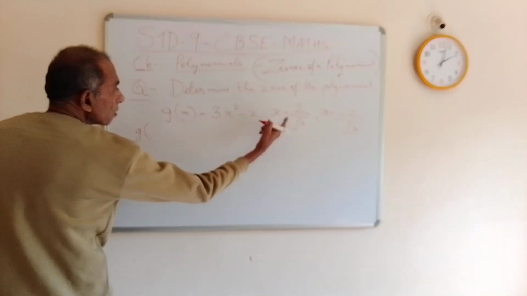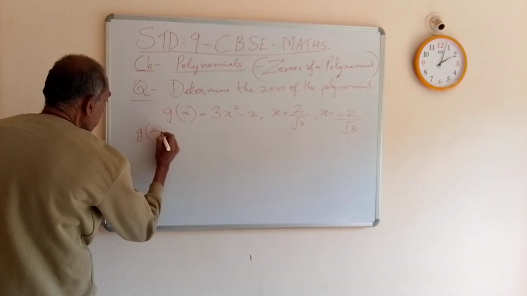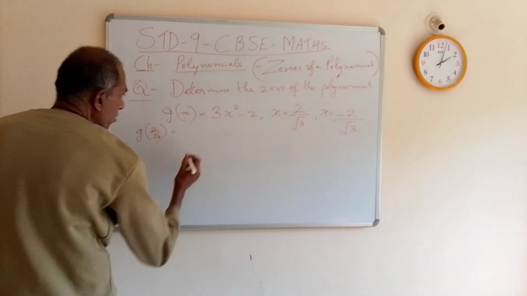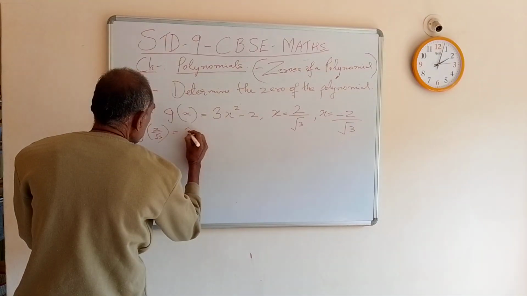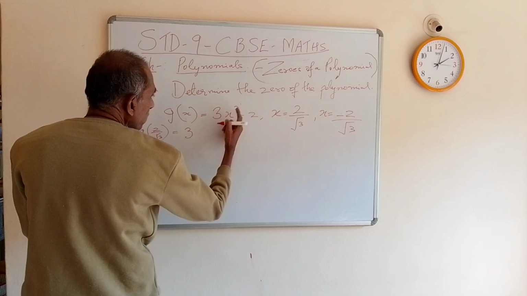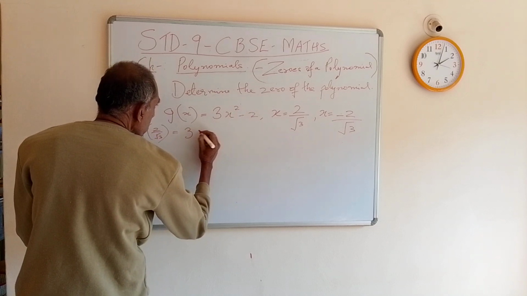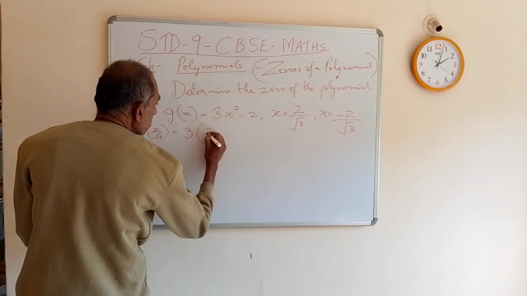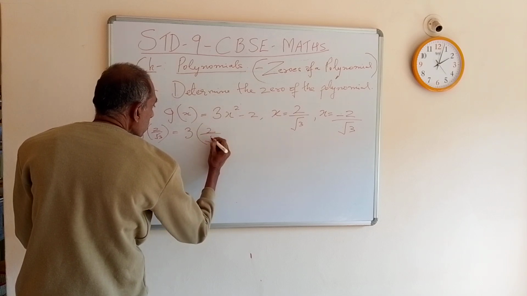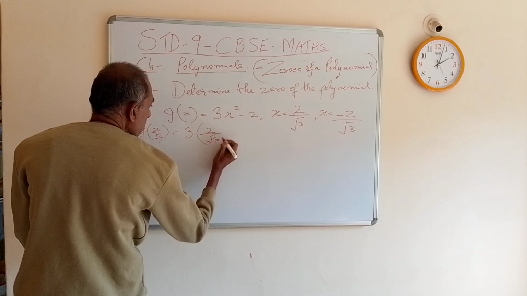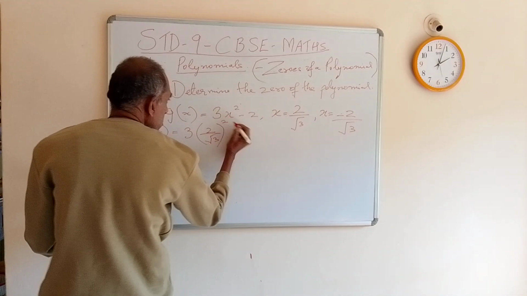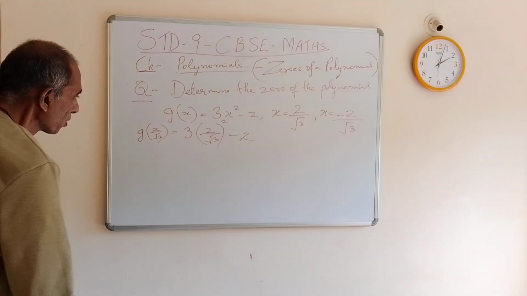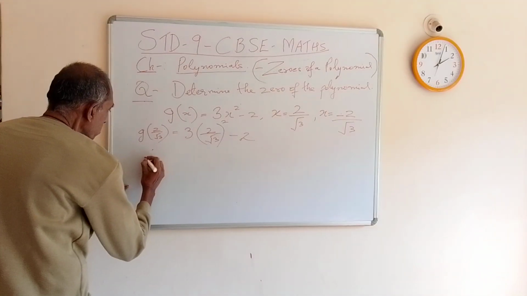So first, g(2 upon root 3). g(x) is equal to 3x square minus 2. So 3 into (2 upon root 3) whole square minus 2. Here what will we get?